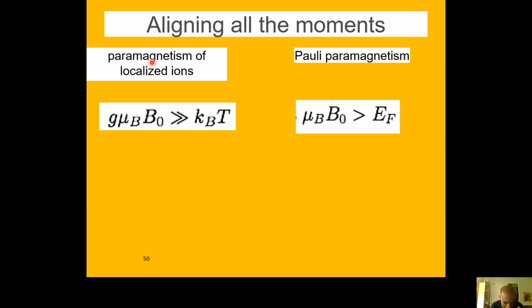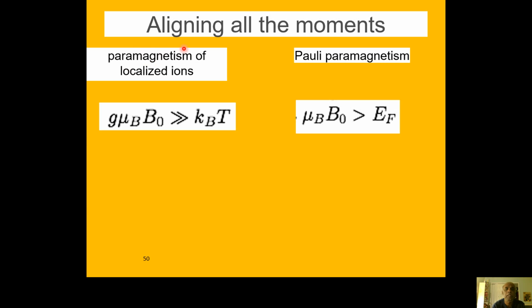One is Langevin diamagnetism, that's due to closed shell atoms. Then we talked about Curie paramagnetism, that is also due to atoms but with unpaired spin electrons like the f electrons. There the temperature dependence of the susceptibility goes like C over T. Then we talked about this Pauli paramagnetism coming from the free electrons.